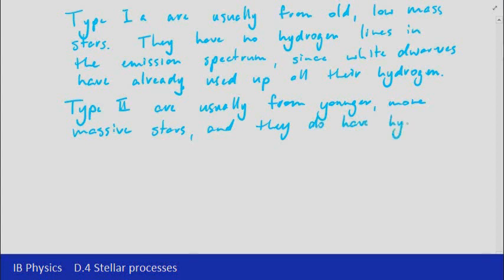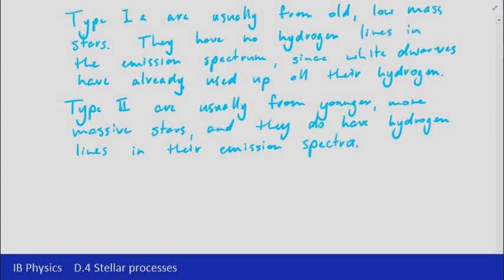So if you're observing an emission spectrum of a supernova, the first thing you'd probably look for is to see if there are hydrogen lines, and if there are, then we can identify that it's going to be a type 2.